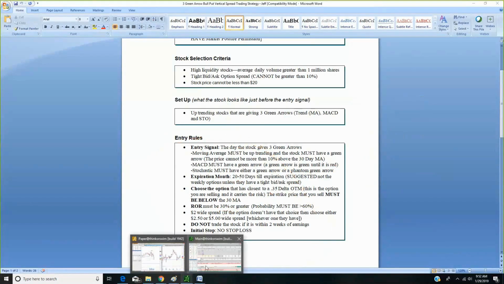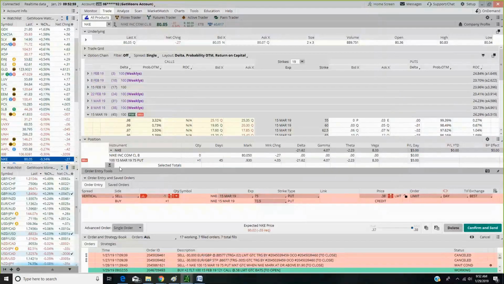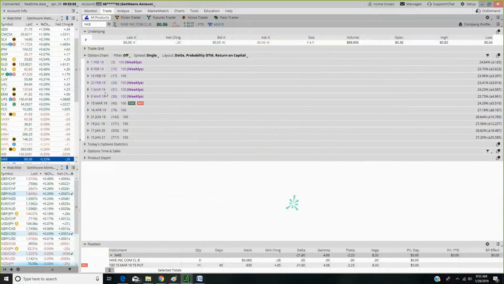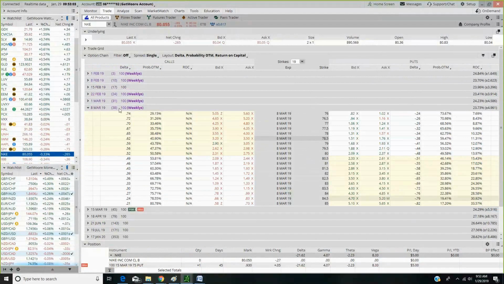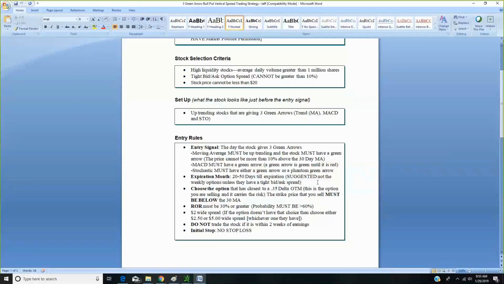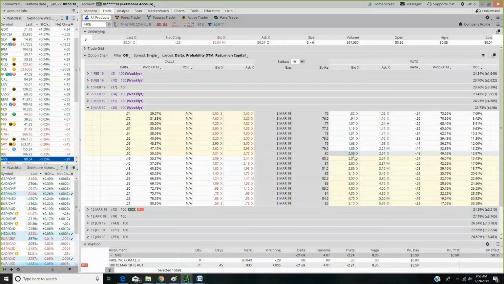But everything's the same. So if I go back to Nike, all I've got to do is flip over to here. Now, we said closest to 35, so I would look at this strike right here. Now, I did say in the rules right here, suggested not the weeklies, but if I can get a good bid-ask spread, this is okay.